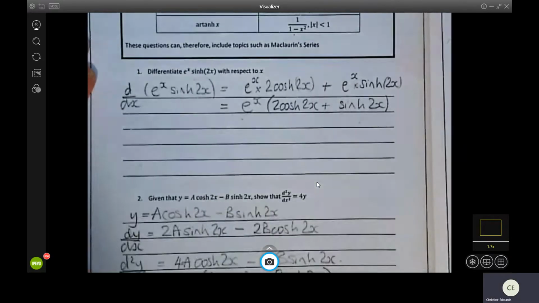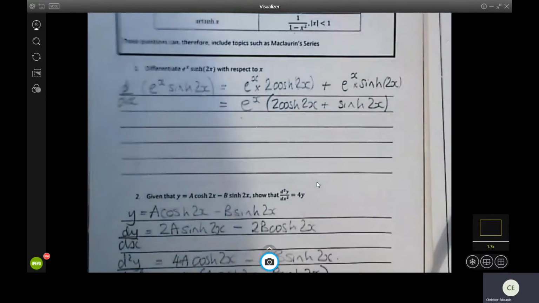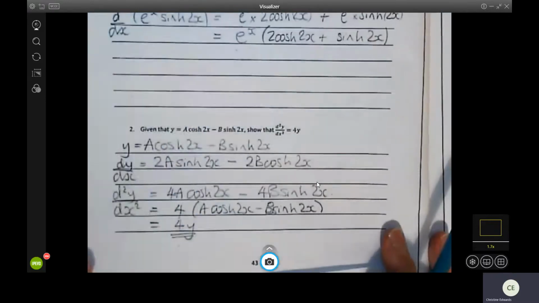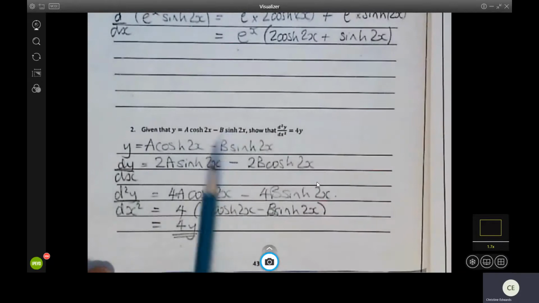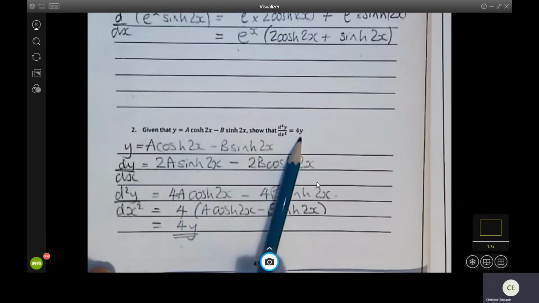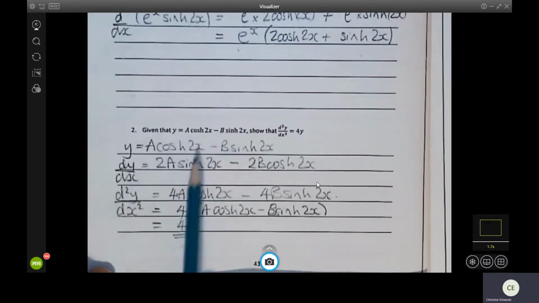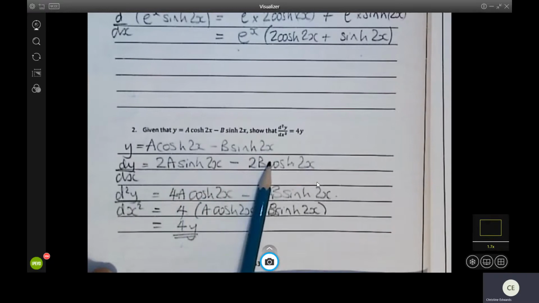Question 2, we're being asked to show that the second derivative of y equals a cosh 2x minus b sinh 2x is 4y. So taking y, we differentiate using the chain rule in each case and the results above.